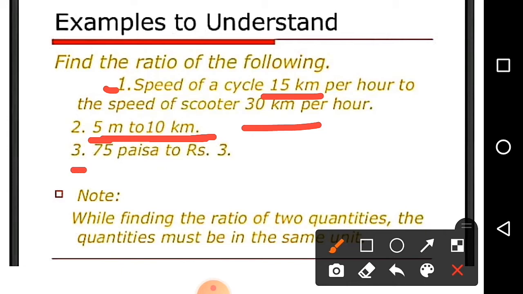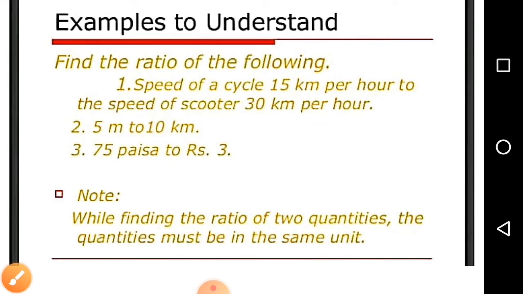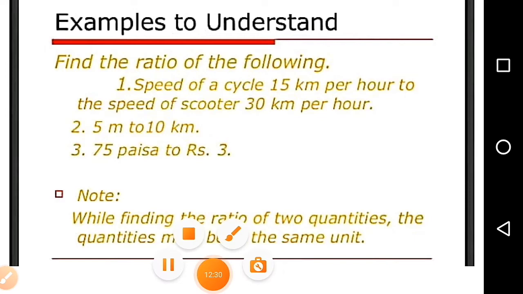Again in the third question, 75 paise, so 75 is in paise, and that ratio we have to find out of paise to 3 rupees. Now this is in rupees and this is in paise, so again we have to convert. So whenever the units are not the same, you need to do conversion. Whenever you find the ratio of two quantities, the quantities must be in the same unit.